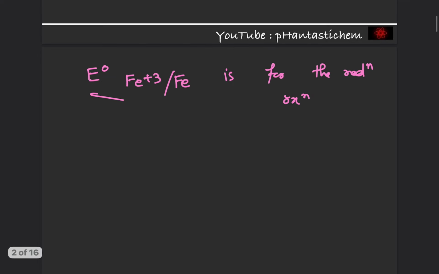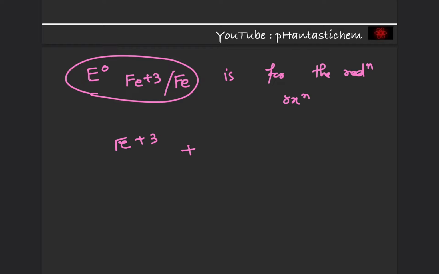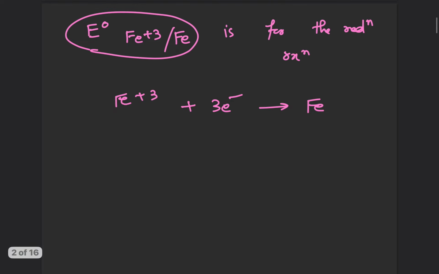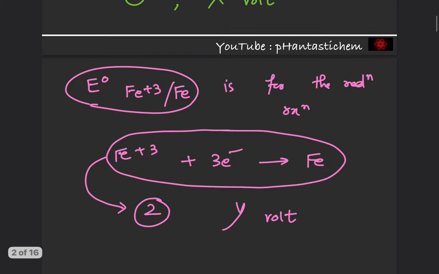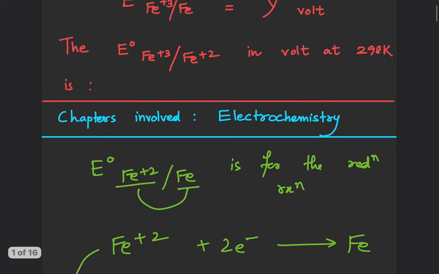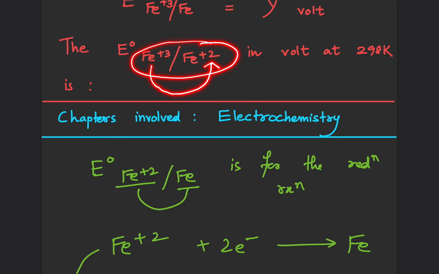So this E naught is for the reaction Fe+3 gains 3 electrons to form Fe. Let us say this is reaction 2, and for this reaction the cell potential is y volt. And they are asking us the E naught value for Fe+3 getting converted to Fe+2.